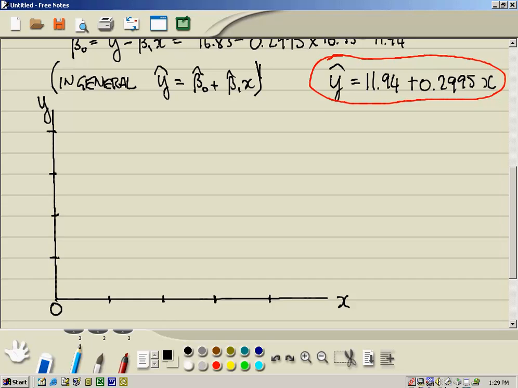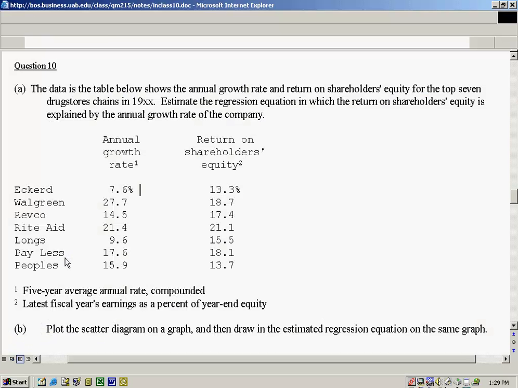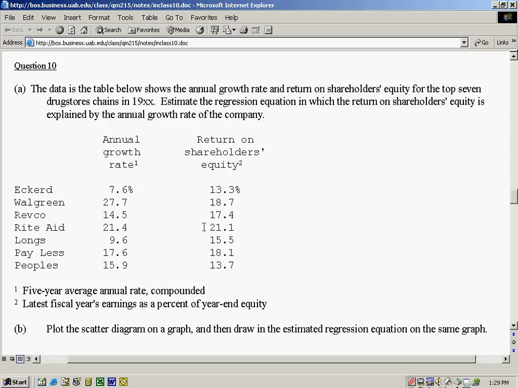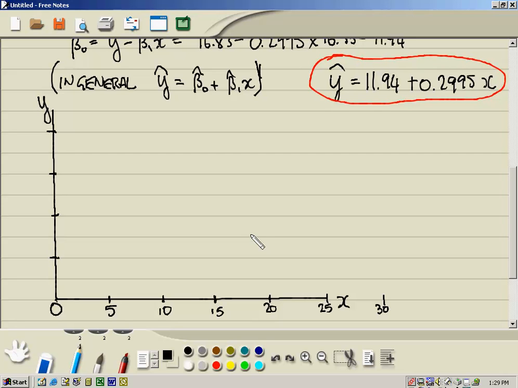So on our scale, we can use units of, say, 5, 10, 15, 20, 25 will be here, and 30 will be out here somewhere. On the y numbers, the largest number is 21.1, so we can do a similar scale on the y-axis. Alright, so 5, 10, 15, 20.